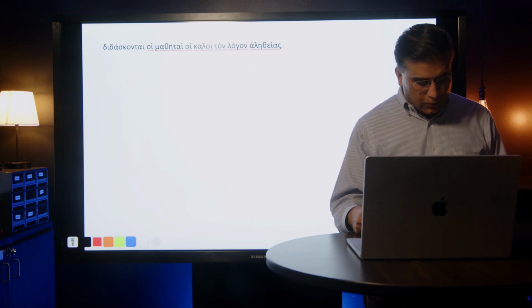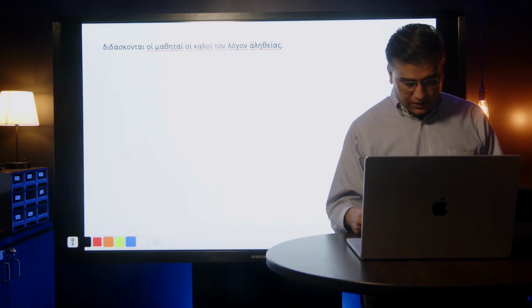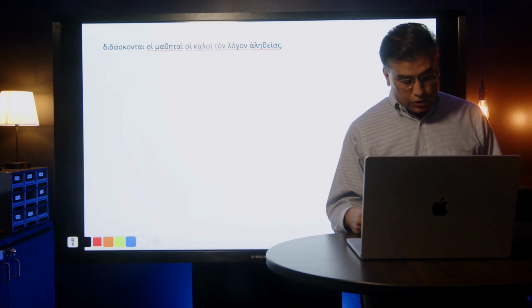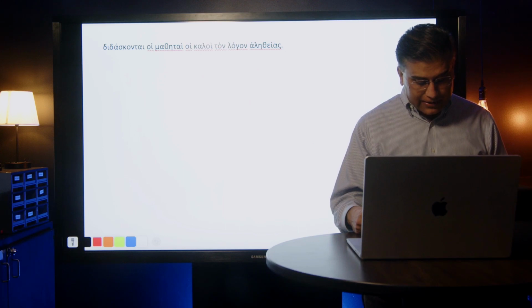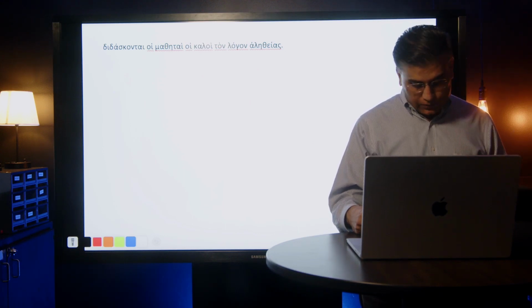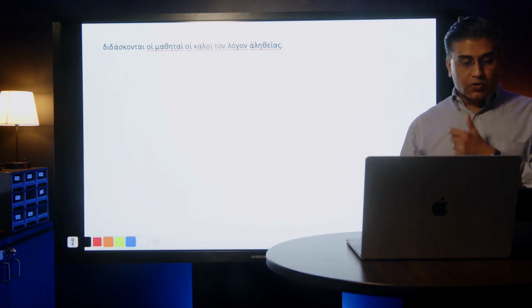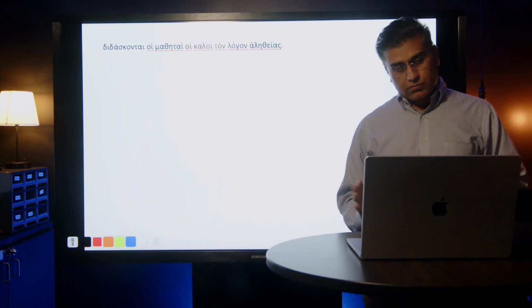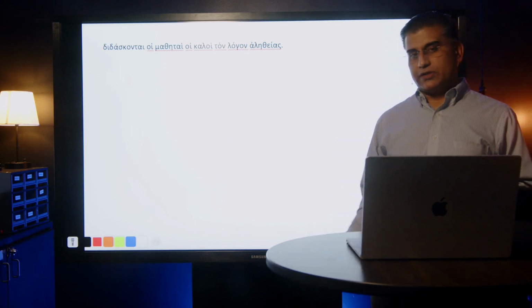If you look at the third one, the reciprocal middle is the use of a plural subject engaged in an interchange of action, as in John 9:22, the Jews were agreeing with one another. Usually, however, this idea is expressed by an active verb plus the pronoun allelous. Okay, so usually with allelous, but here you don't see that, but that's how it's translated.